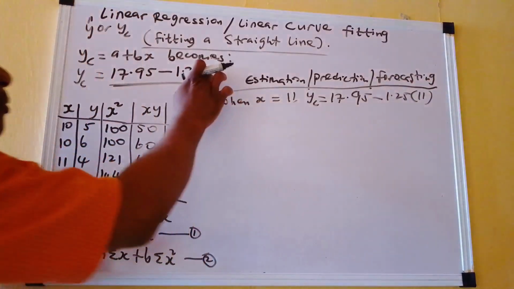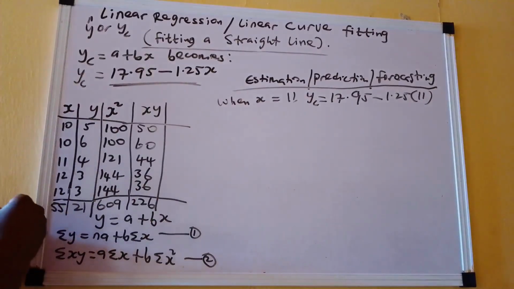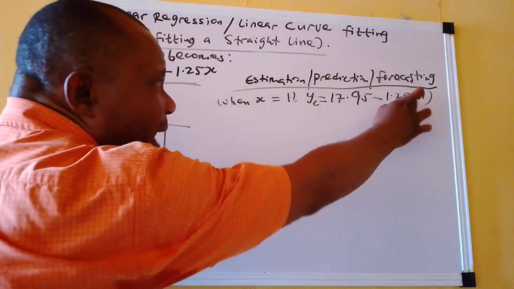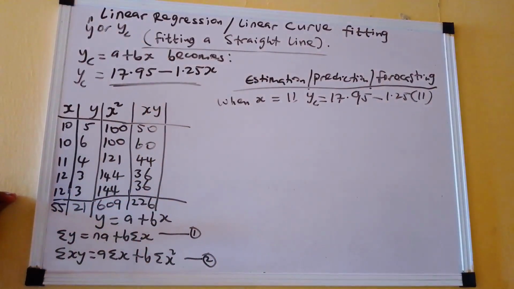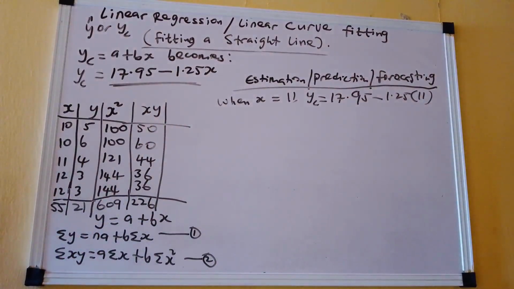So x is 11, we assume the value there. You multiply 11 by 1.25, then you subtract it from 17.95.